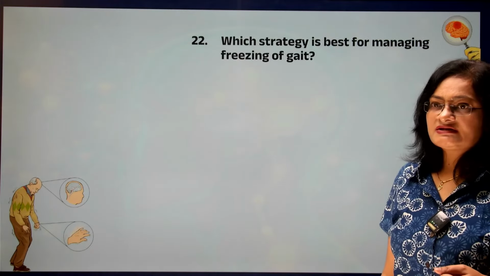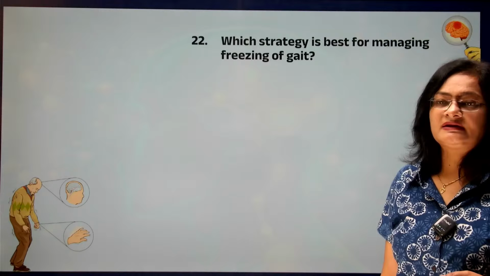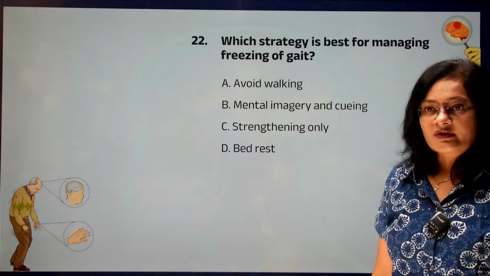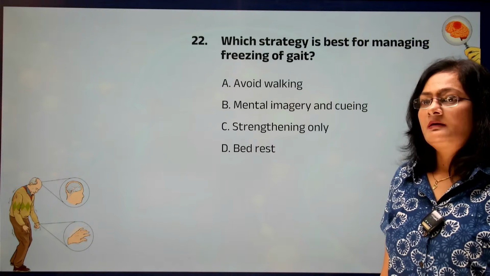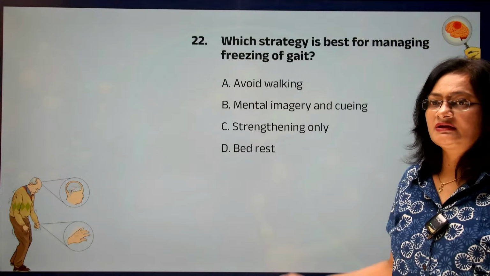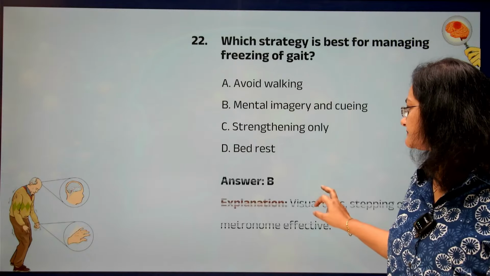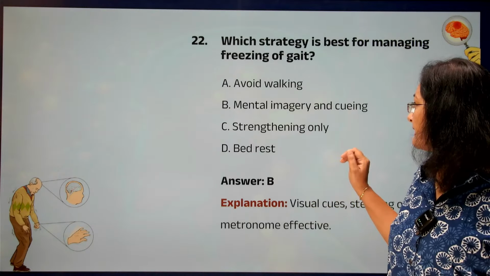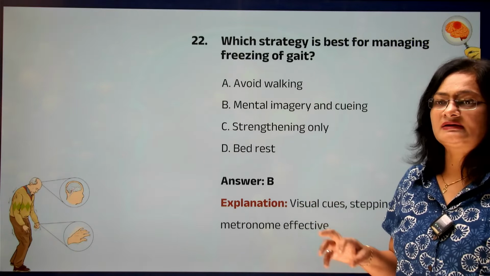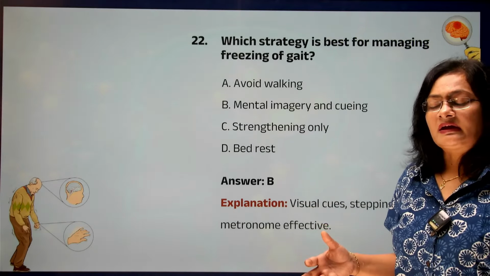Which strategy is best for managing freezing gait? Avoid walking, mental imagery and cueing, strengthening only, or bed rest. So mental imagery and cueing is the best strategy for managing freezing gait.